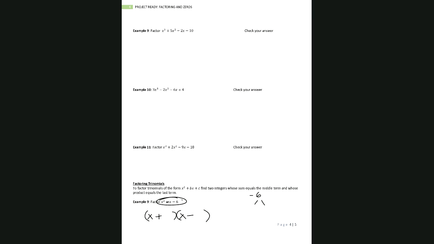So it could be +1 and -6, or it could be +2 and -3. The combination that will give us a -1 is if we add +2 minus 3, so that will be equal to -1, and that is what we need here, -1x. So we're going to go with -3 here, +2 here, and those will be the two factors.